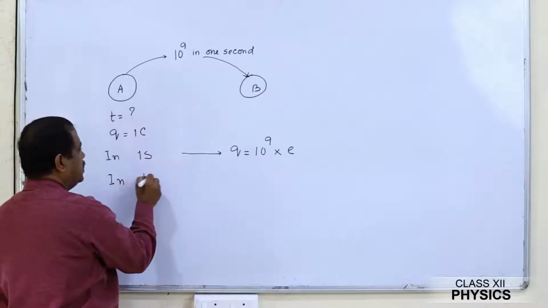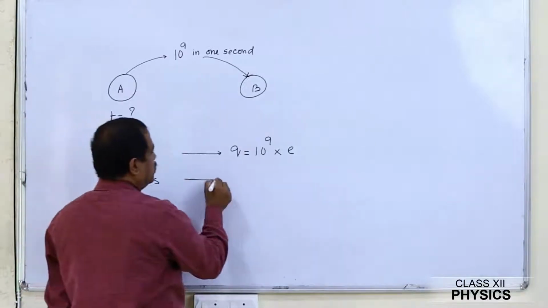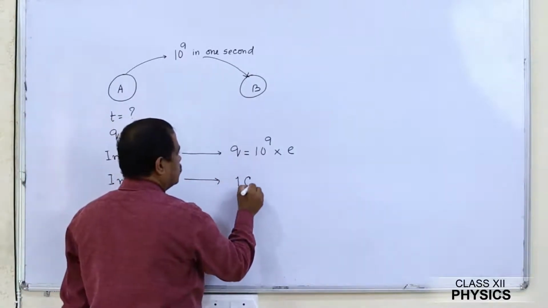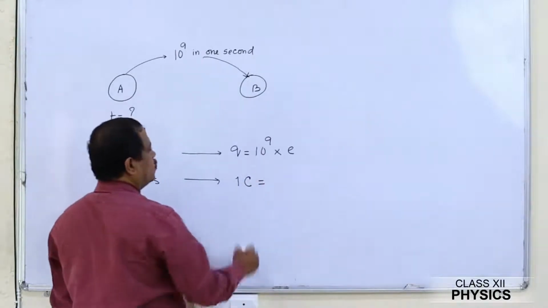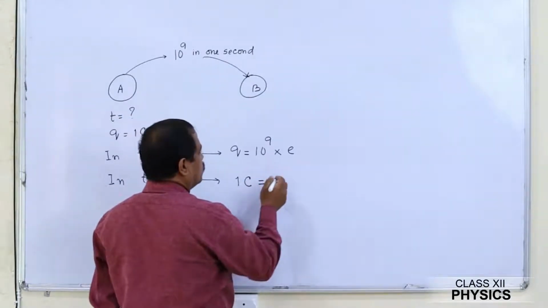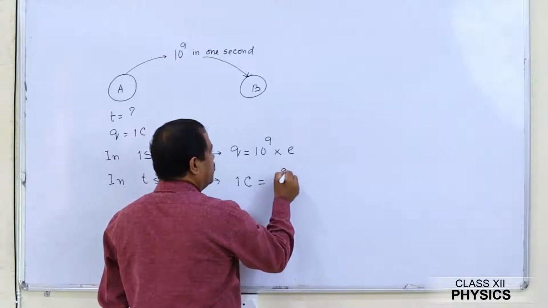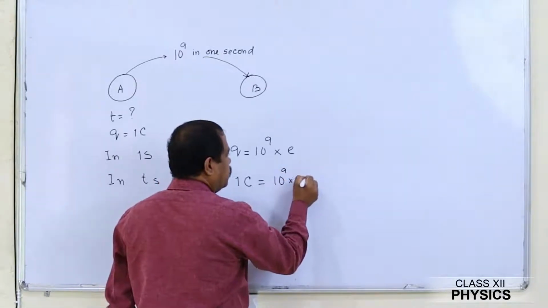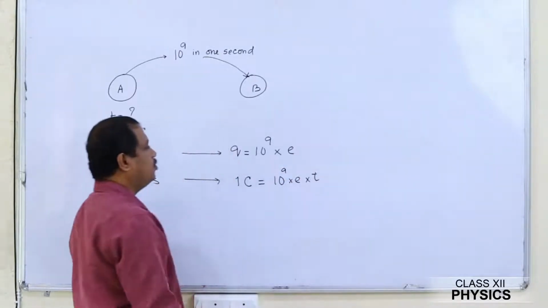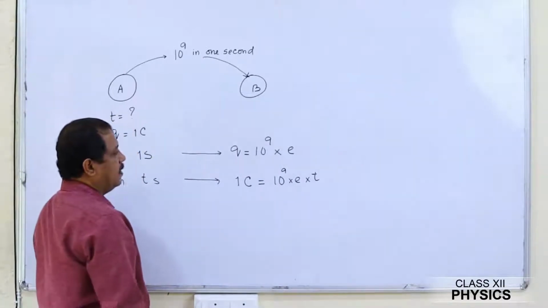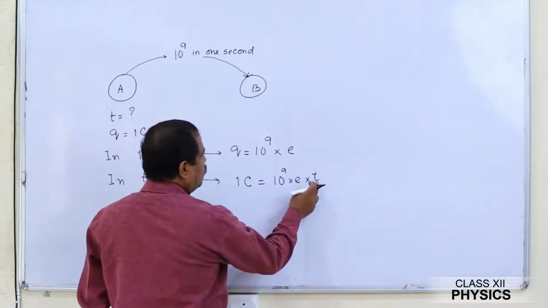So, in T seconds, the total charge is 1 Coulomb, and this will be equal to the number of charges, 10 power 9, into E into T second. In this case, I want to find what is T.